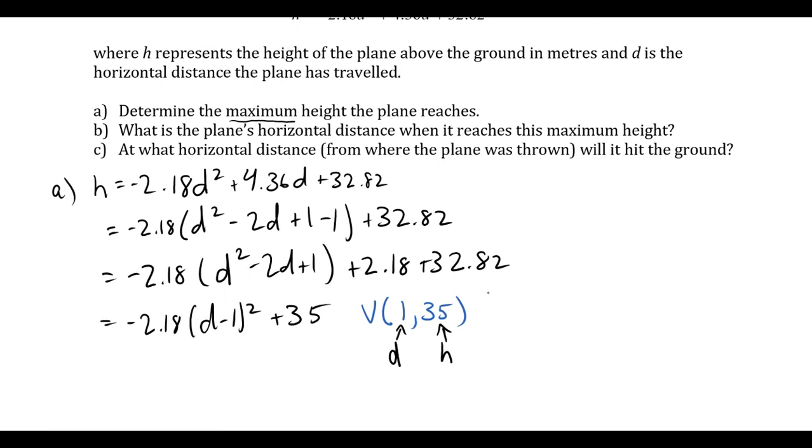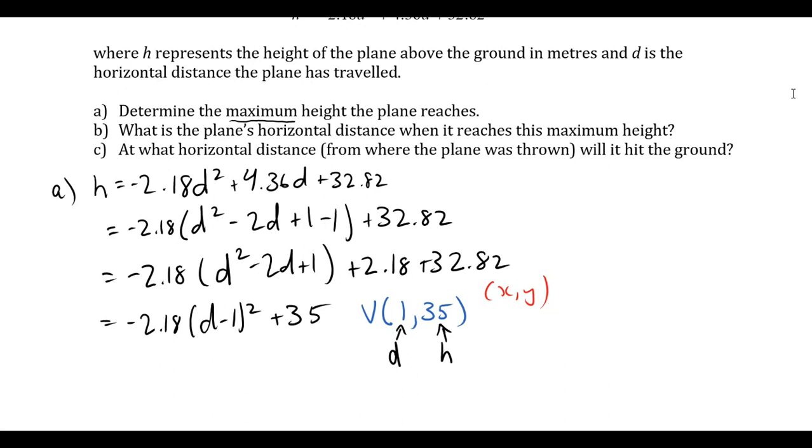So it's like my x, y coordinate, but in this case it's d and h. So d is a distance and h is a height. And so what is this saying? It's saying that the maximum height occurred after 1 meter, and the maximum height was 35 meters. I'm getting the impression this wasn't a very good paper airplane.